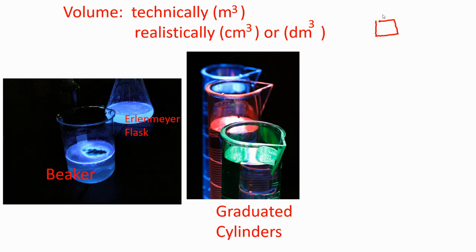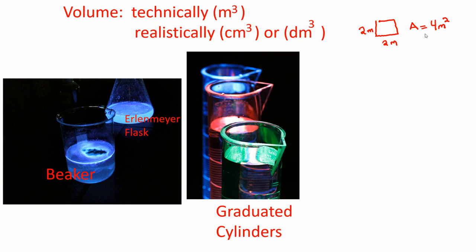And let's say that that square is 2 meters on this side and 2 meters on this side. The area of that square would be equal to 2 meters times 2 meters. That's actually equal to 4 meters squared. In other words, I have to multiply the unit as well as the numerical value that's associated with the length.